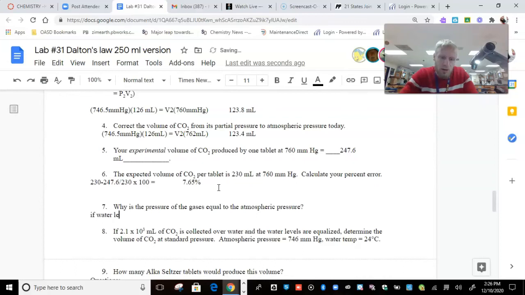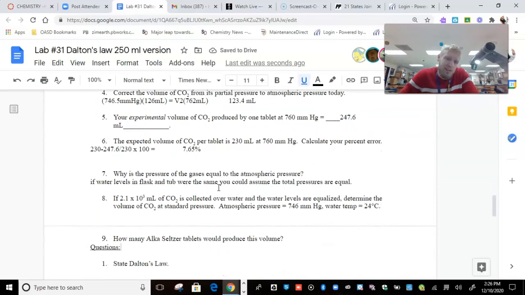If water levels in the flask and tub were the same, you could assume the total pressures are equal. Okay.